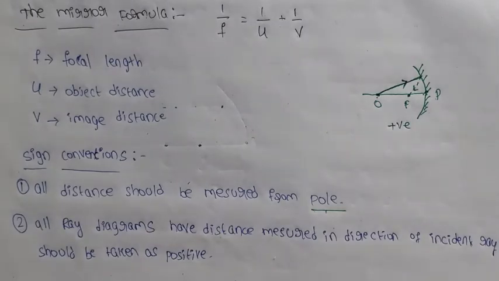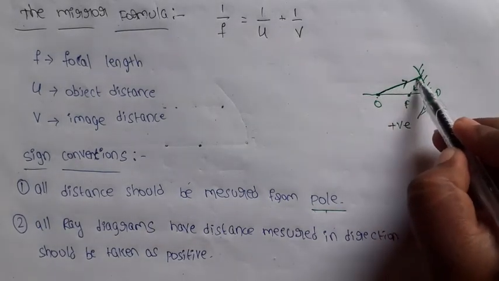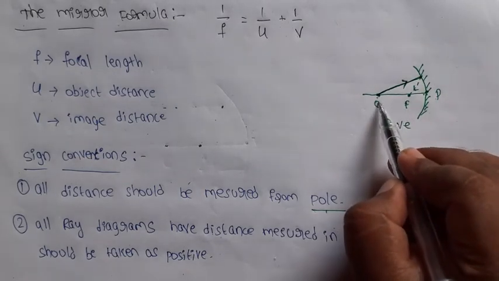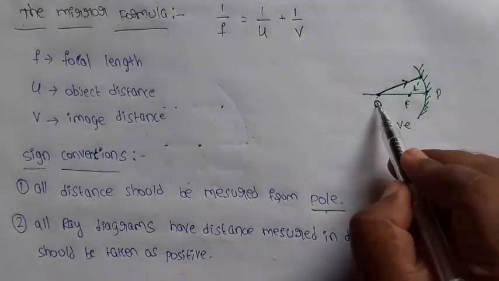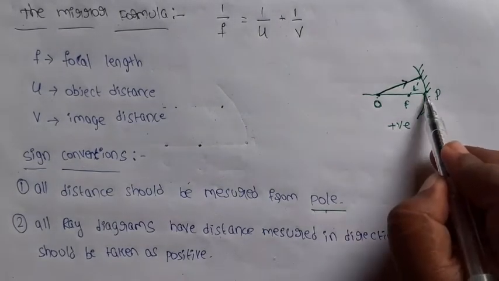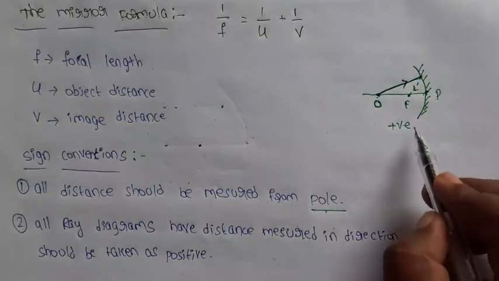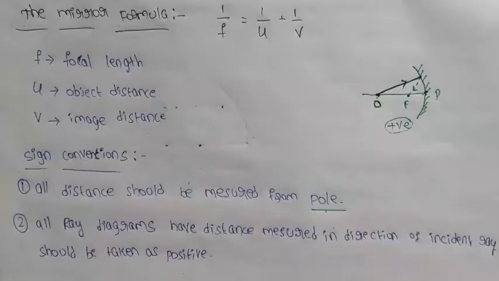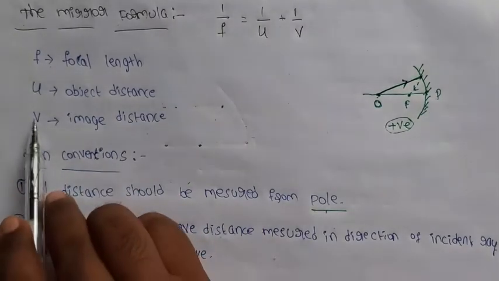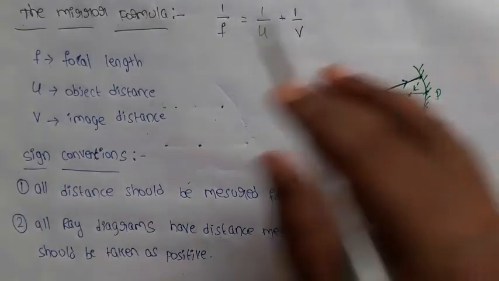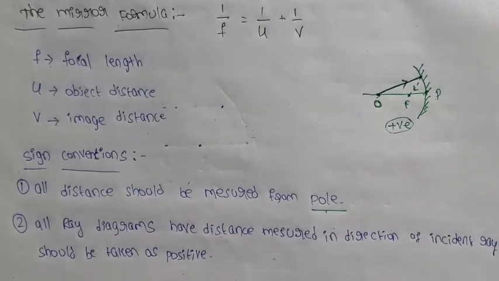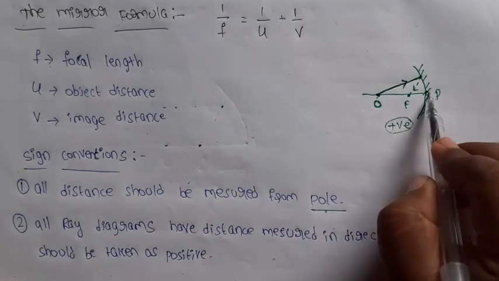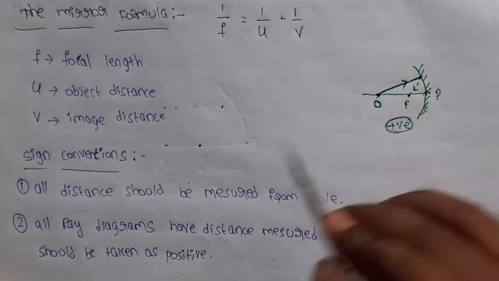If you measure the distance from the object point to the pole, that distance you can take as positive, whether it is focal length, object distance or image distance.